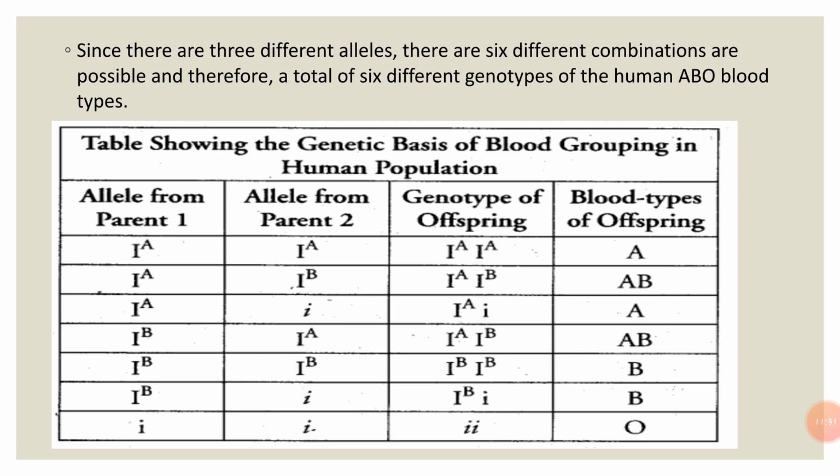In the next one, if parent 1 has capital IB and parent 2 has capital IA, then again both the alleles express their character, and the blood group is AB.